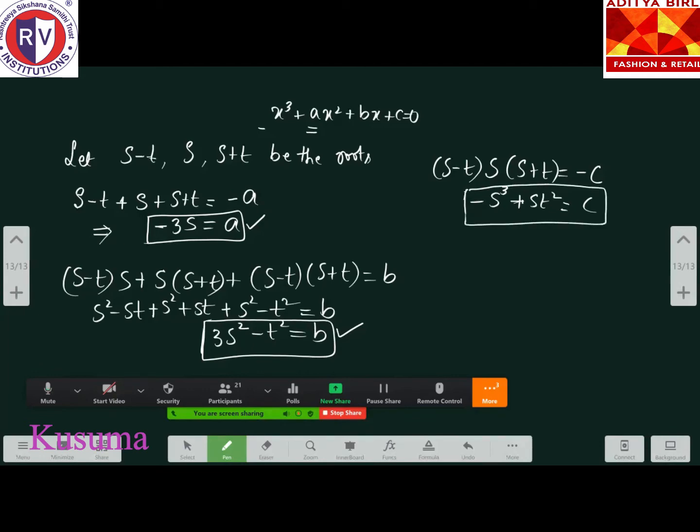Now let us find out what is 2a cube minus 9ab. Let us substitute the value of a and b here. a we got as minus 3s. So it will be 2 into minus 3s whole cube minus 9 into minus 3s into b, which is 3s square minus t square.